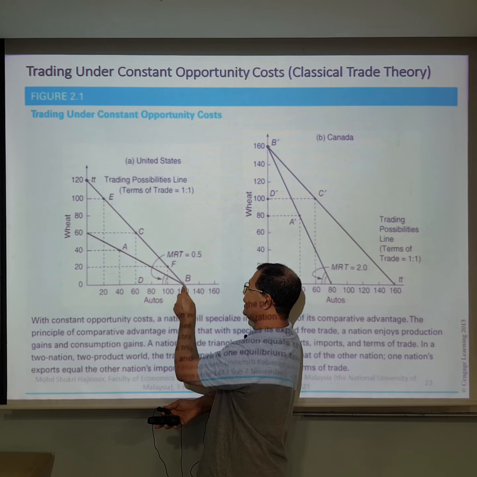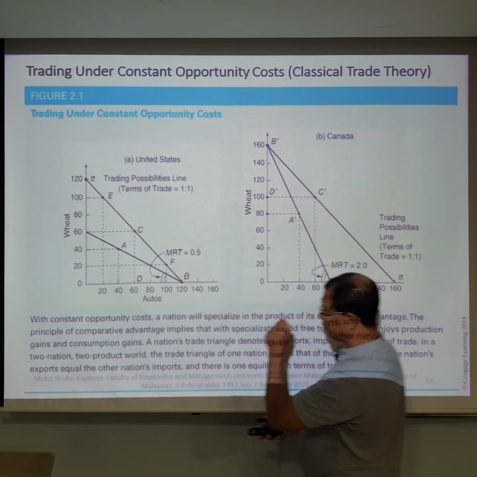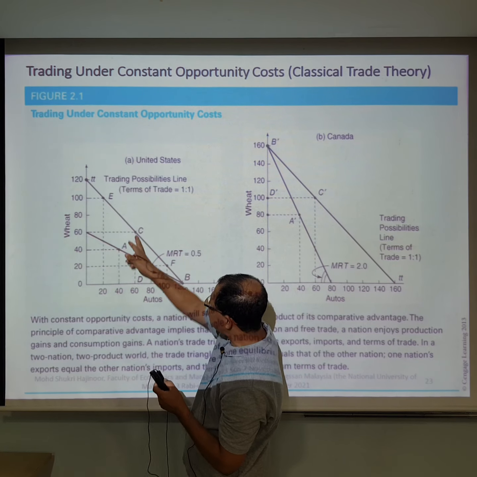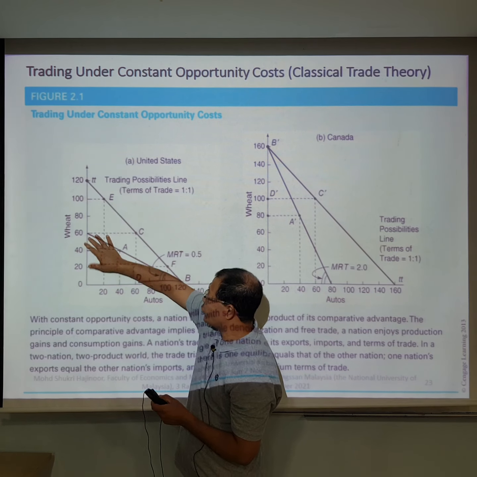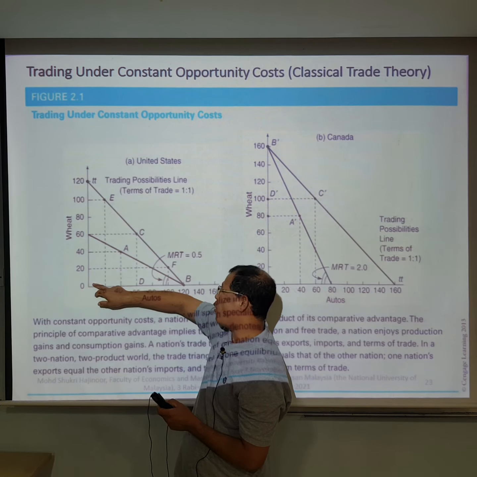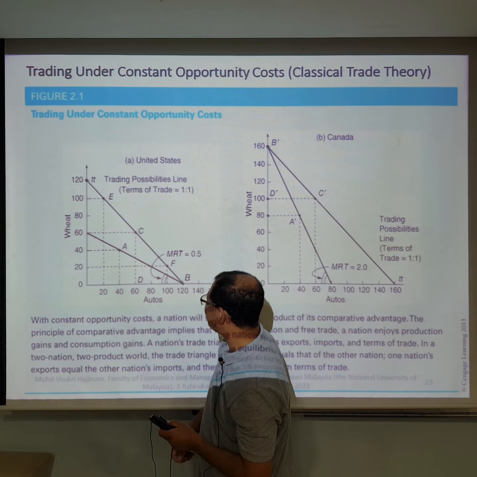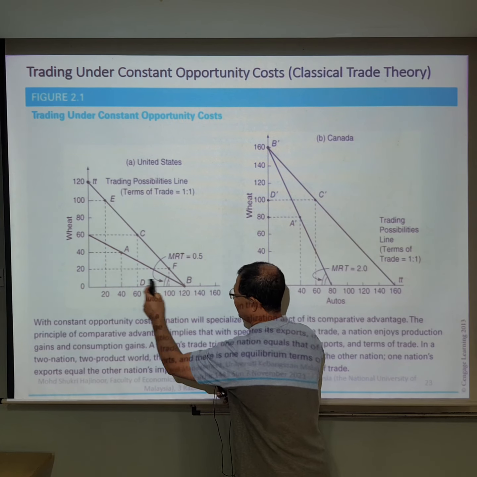The other 60 is export to Canada, somewhere here. What about wheat? United States consumes 60, but United States produces zero. So this 60 is import from Canada. So this is the triangle, the trade triangle.